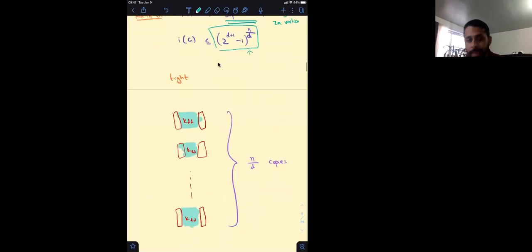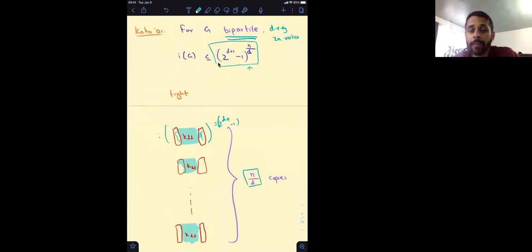It comes from the tight example, where you take disjoint copies of K_{d,d}. This is the complete bipartite graph with d vertices on each side, and you take n over d disjoint copies of it. The number of independent sets of this is either all subsets of the left or all subsets of the right, but you have to account for double counting the empty set. So this is 2 to the d plus 1 minus 1. And there are n over d copies, so that's where this comes from.